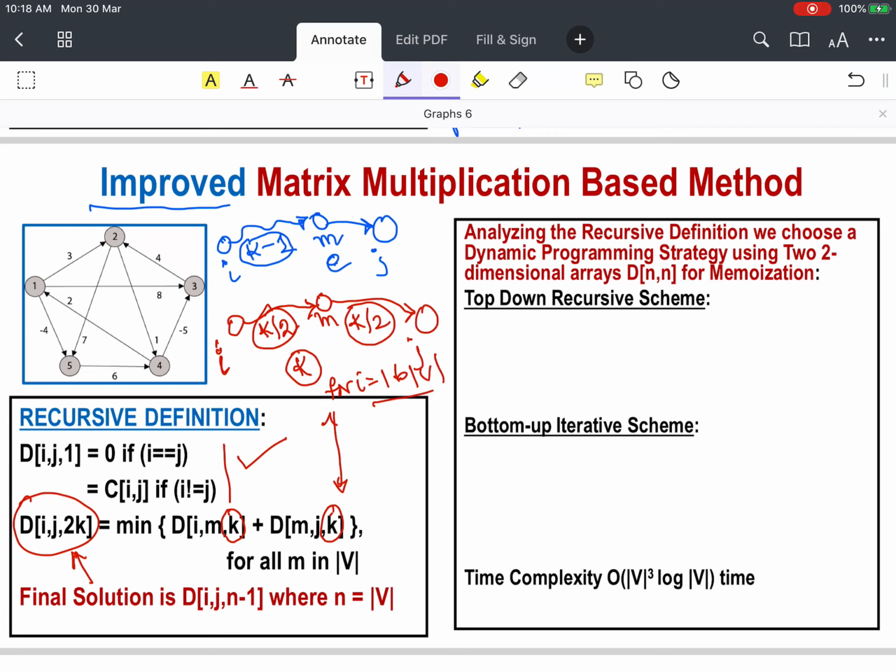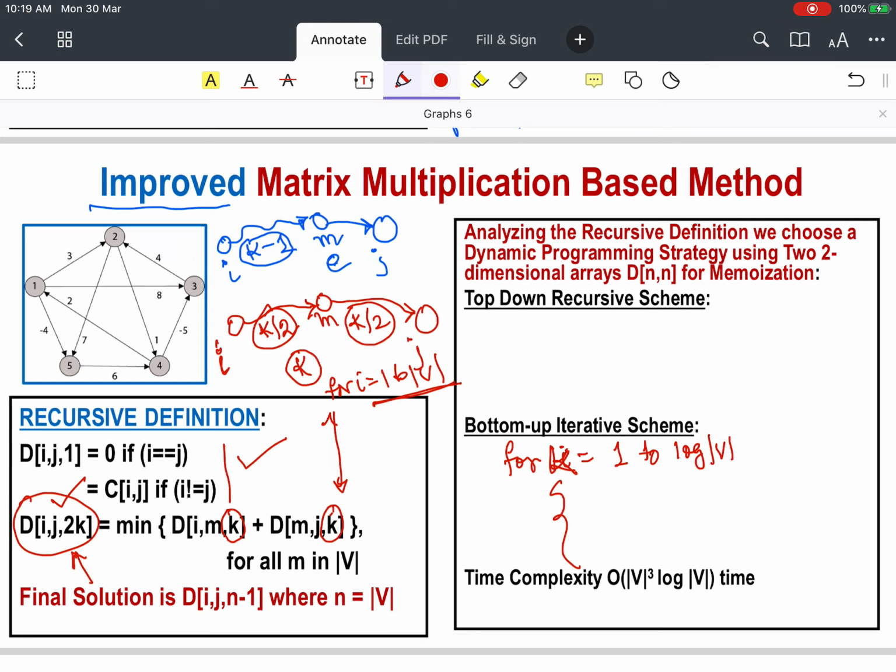Now if we are doubling every step, we need not go up to v. The outer loop will now be from k equal to 1 to only log of the number of steps, because in every iteration we just double the number of steps.